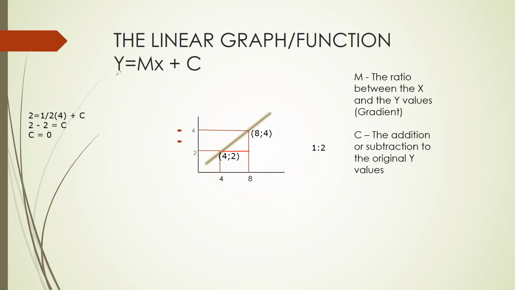Think of it like this. y is equal to mx. Then we decide to say, okay, y is equal to whatever times the value of x. But because everything here was moved upwards, plus whatever that is, or minus c.